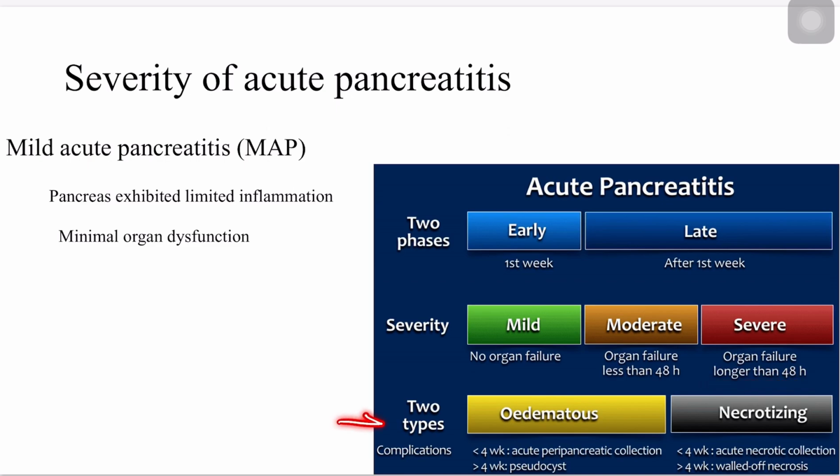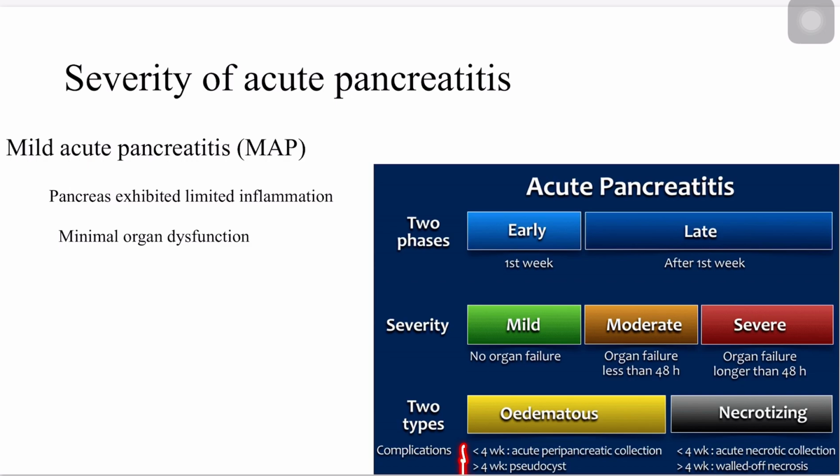We can classify it mainly into two types of result in acute pancreatitis. Okay? Less than 4 weeks or more than 4 weeks. Usually in the acute peripancreatic collection, edema happens in acute pancreatitis.